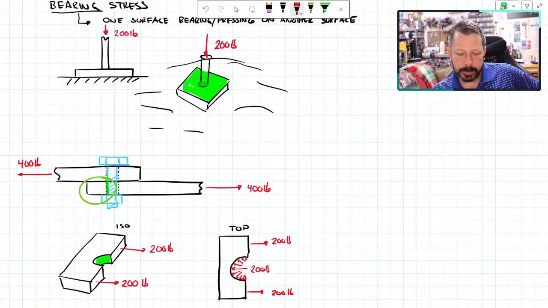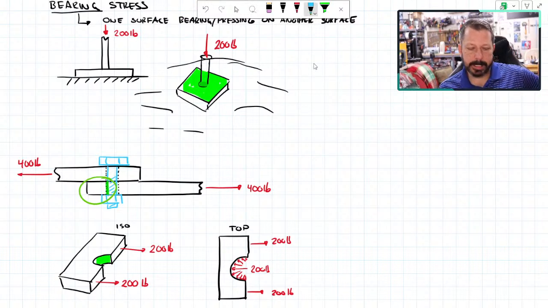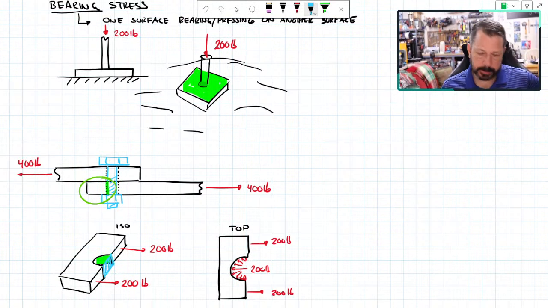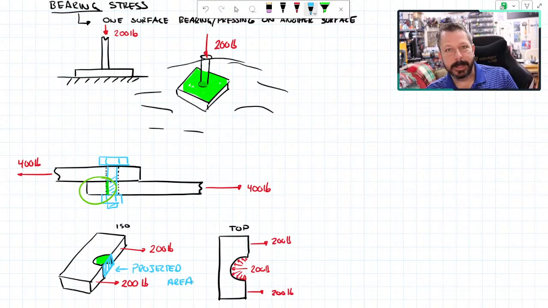But since it's this weird distribution, how we normally model that is we use what's called a projected area. And so I will go in and take that little free body diagram, take the curved surface, and project it onto a flat surface, just like that one, and use that as the area.